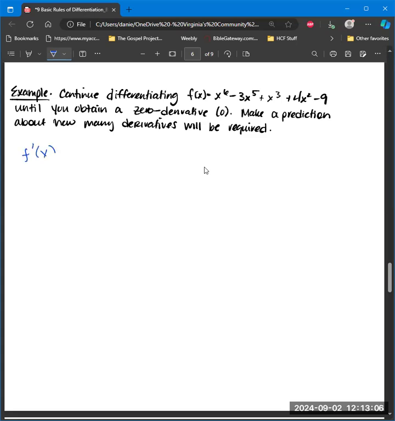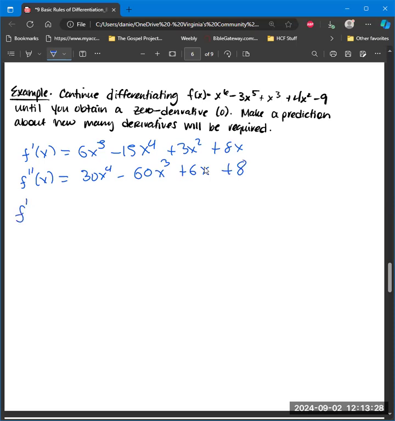So f prime of x is going to be 6x to the 5th minus 15x to the 4th plus 3x squared plus 8x plus 0. f double prime of x is equal to 30x to the 4th minus 60x to the 3rd plus 6x plus 8. f triple prime of x is 120x to the 3rd minus 180x squared plus 6.